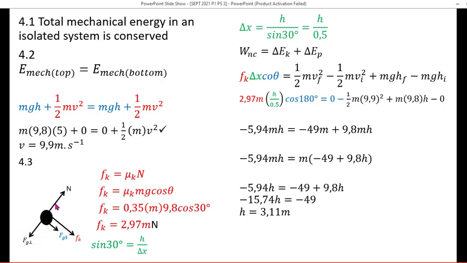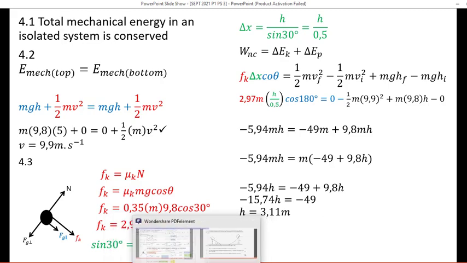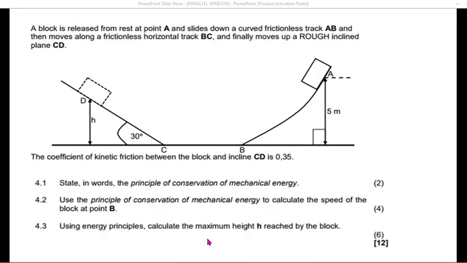N is equal to Fg perpendicular, and Fg perpendicular is this term, which is mg cos theta, where m is the mass, g is acceleration due to gravity, and theta is the angle of inclination. Now, when we check back, let's see what the angle of inclination is. The angle of inclination is 30 degrees. So we are going to substitute 30 degrees for theta, and then see what we can get out of that.